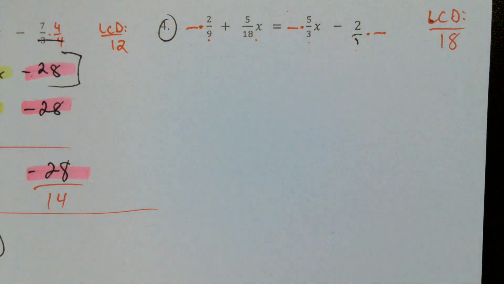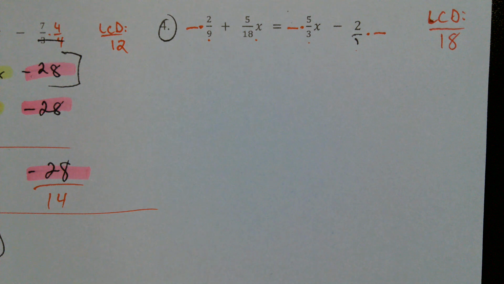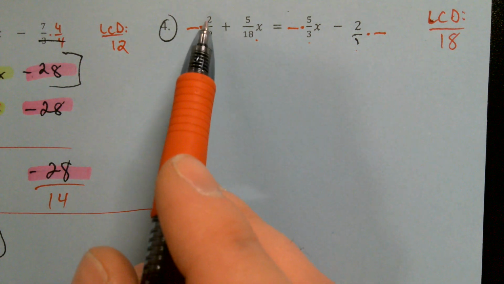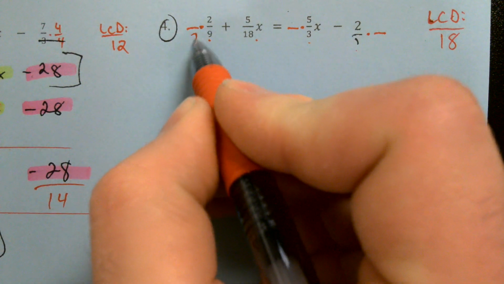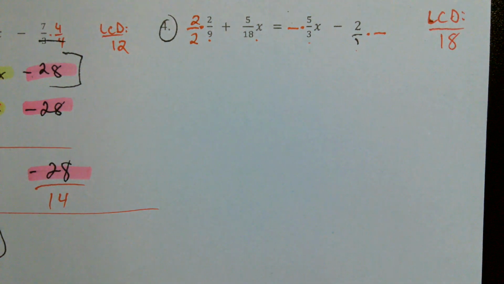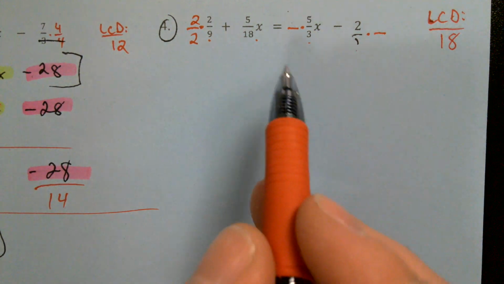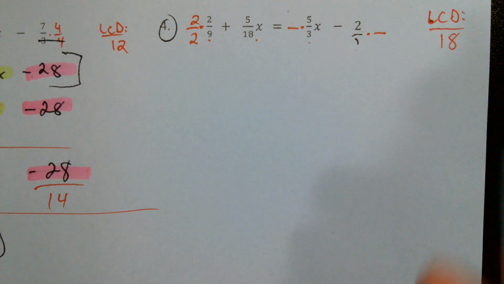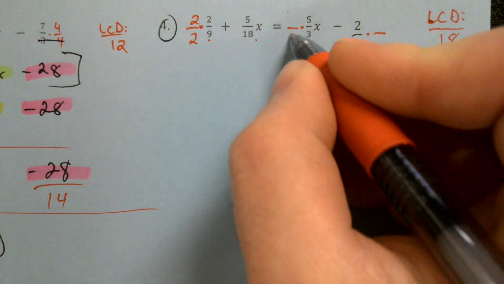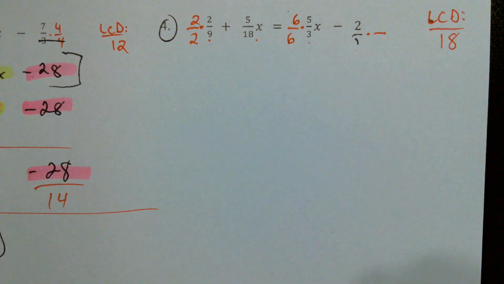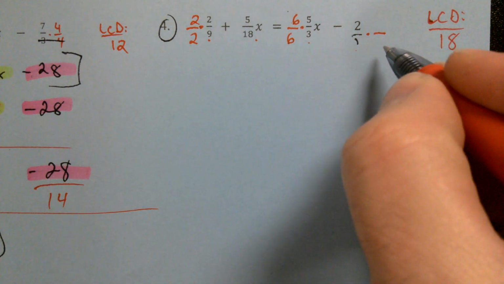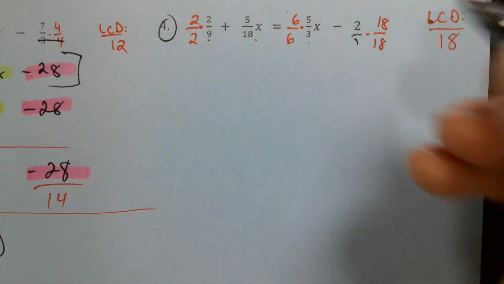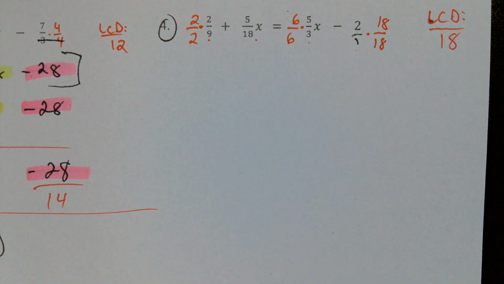We have to use our critical thinking skills to just fill in the blank, right? So 9 times what would give me 18? 2. There's the first blank, 2 over 2. 3 times what gives me 18? 6 over 6. And 1 times what gives me 18? 18. Great job. Do we see how we got those whole fractions a little bit?